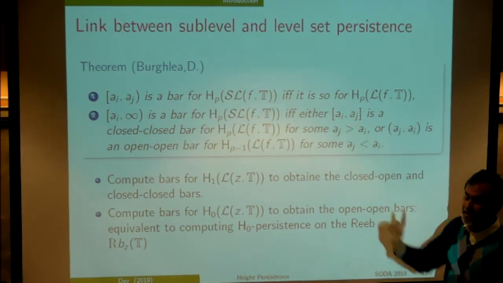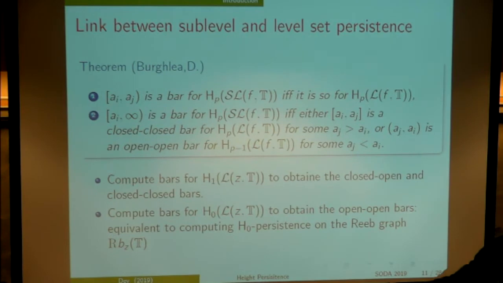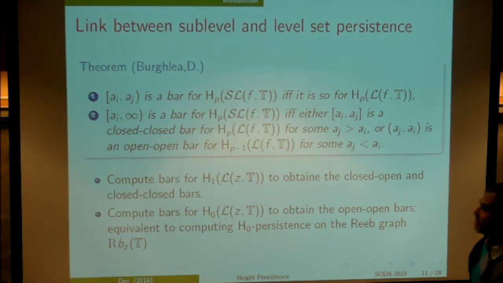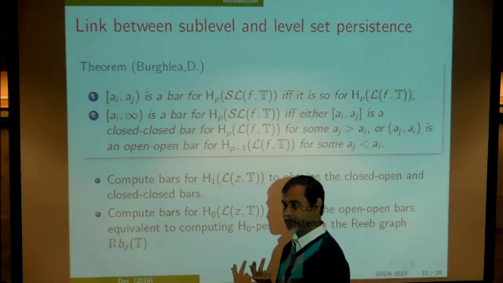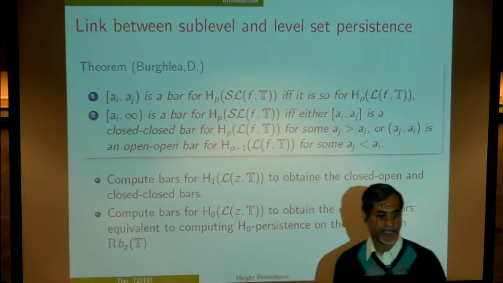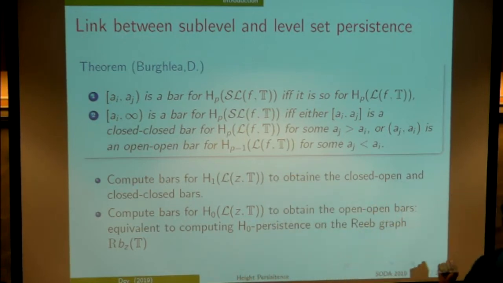Okay, but the interesting thing happens in the infinite bars. For the infinite bars, there are 2 types now. The infinite bars in the sublevel sets ultimately are mapped to finite, because in the zigzag level set everything is finite bars, there are no infinite bars.